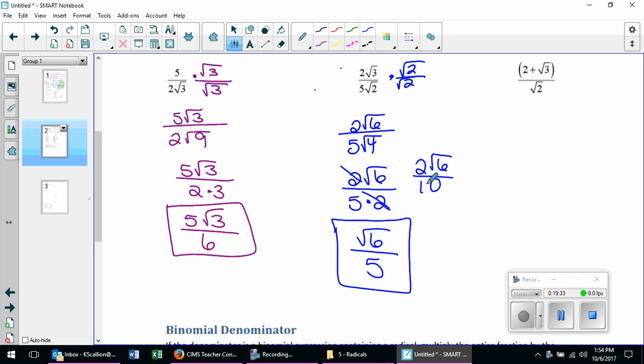Good job. I'm proud of you. You all did that and you're all brilliant. Nice. But you can reduce this. That fraction can be reduced. What can it be reduced to? 1 over 5. So 1 root 6 over 5. If you left it like this, it's not in simplest form.